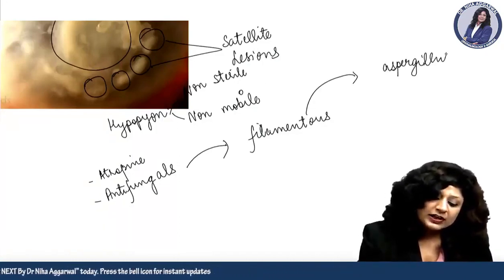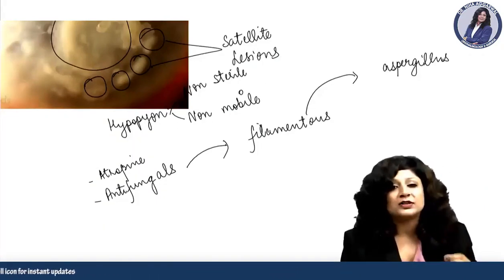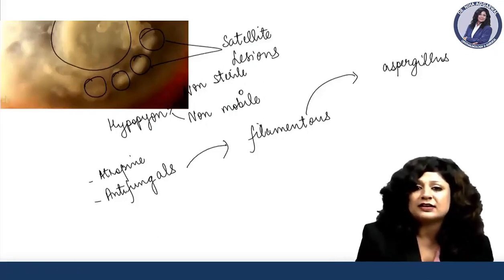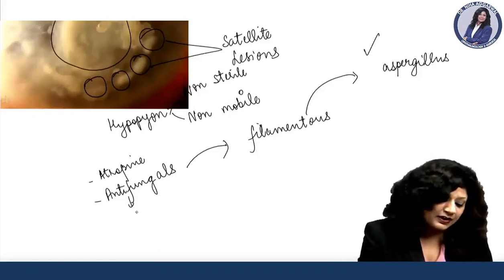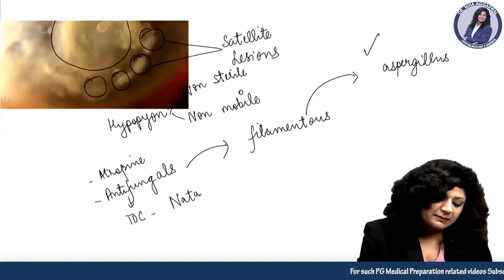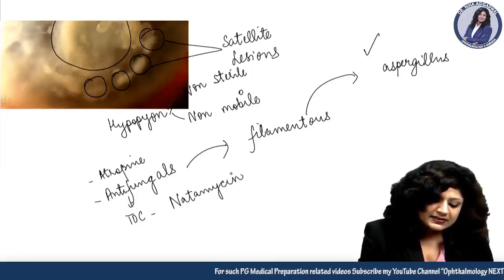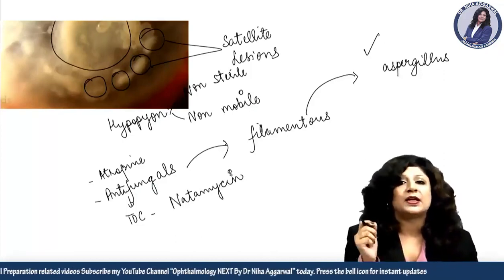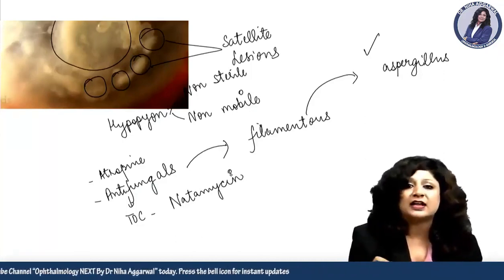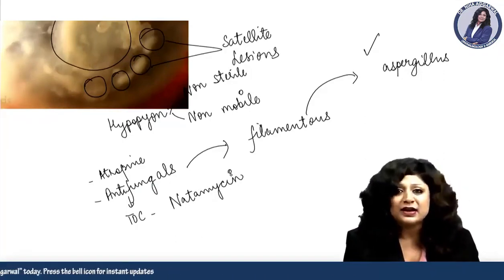Now as I know that the most common fungus which is responsible for causing this fungal corneal ulcer is the aspergillus, that is why the antifungal which is the treatment of choice is natamycin. Natamycin, that is the treatment of choice whenever we have got the fungal corneal ulcer by the filamentous fungus.